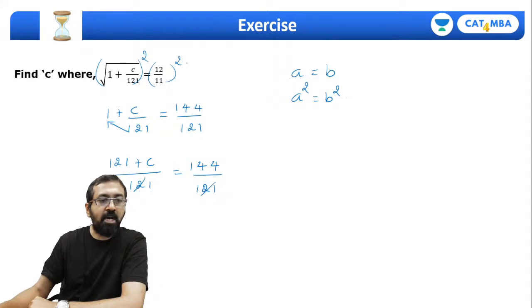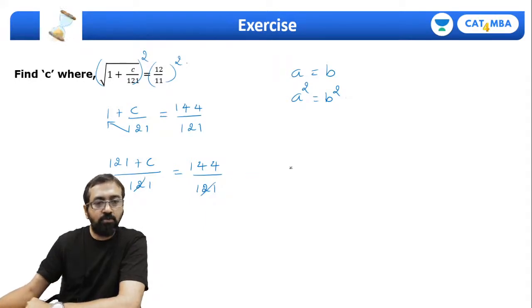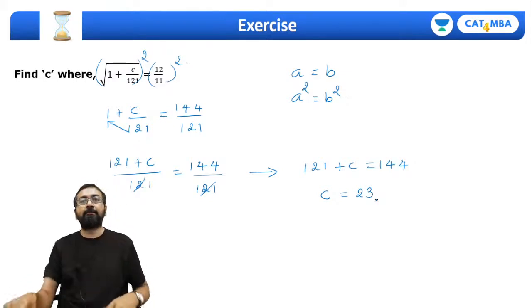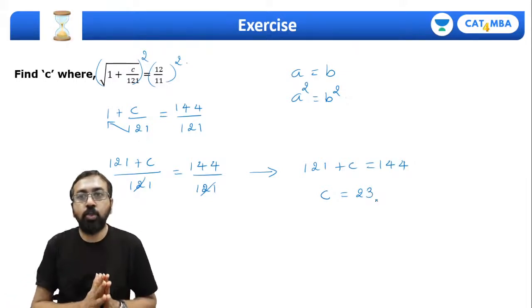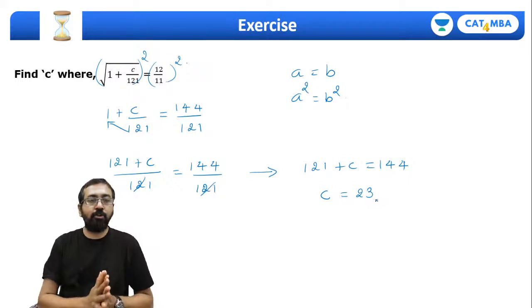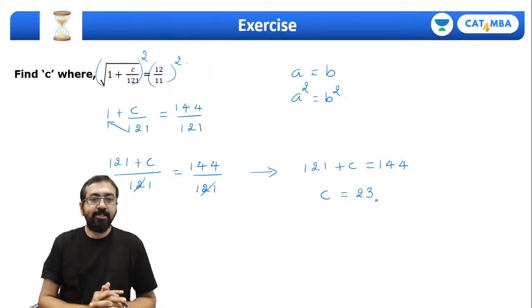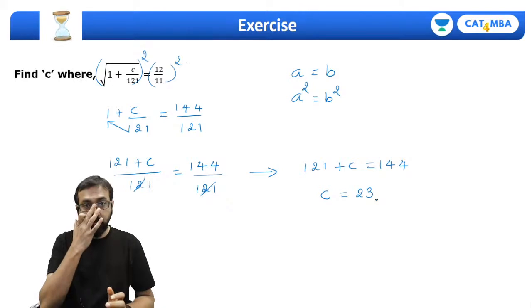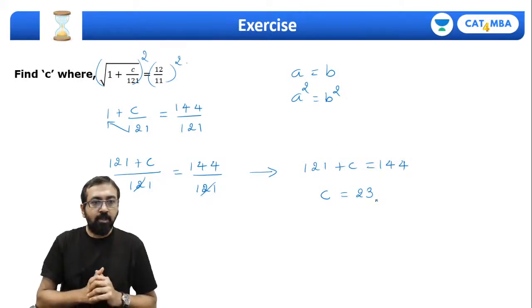Of course, these two parts will get cancelled off, so you will be left with 121 plus c is equal to 144, or you can say c is equal to 23, right? So this is how you can do it. Correct, squaring on both the sides. Okay, fine guys.